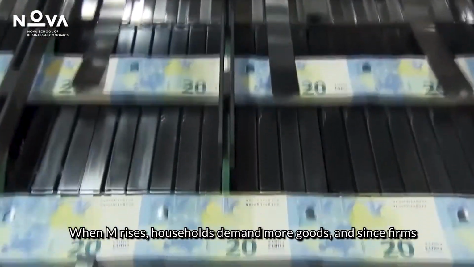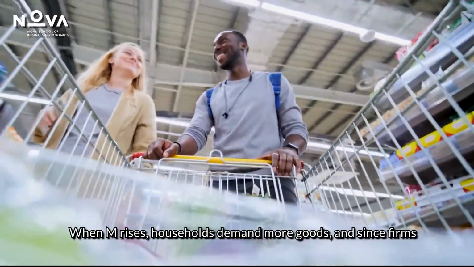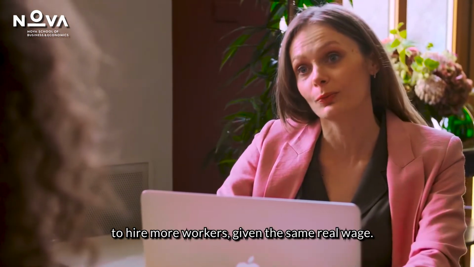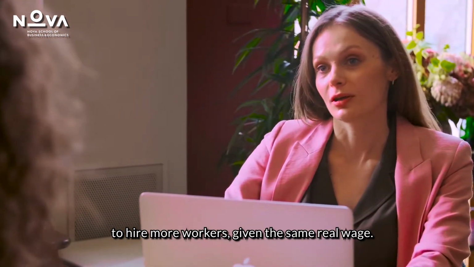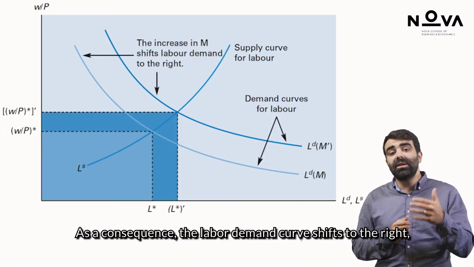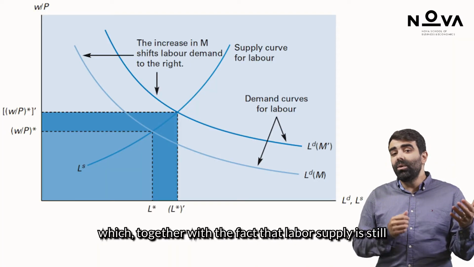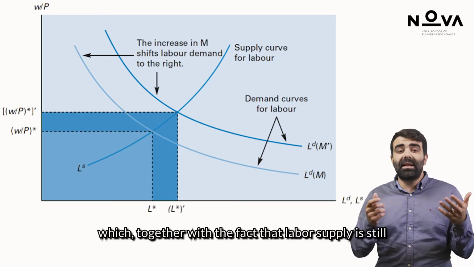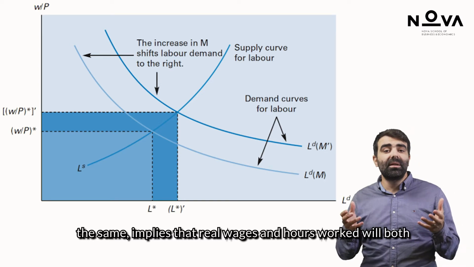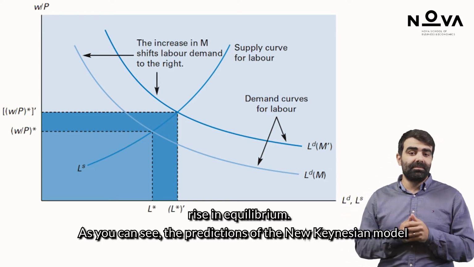When M rises, households demand more goods, and since firms have an incentive to meet this extra demand, they will want to hire more workers given the same real wage. As a consequence, the labor demand curve shifts to the right, which together with the fact that labor supply is still the same, implies that real wages and hours worked will both rise in equilibrium.